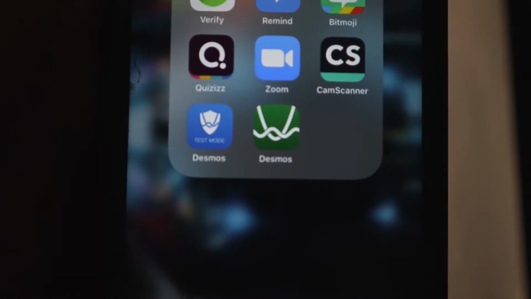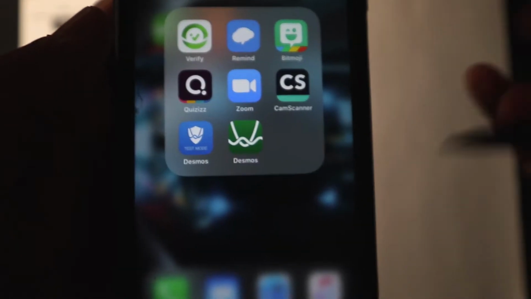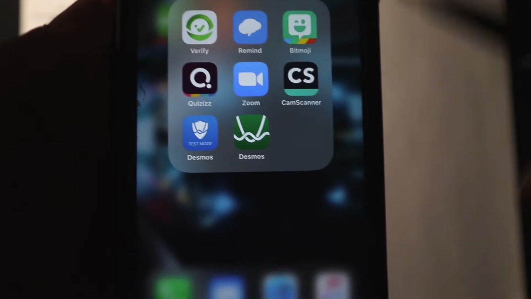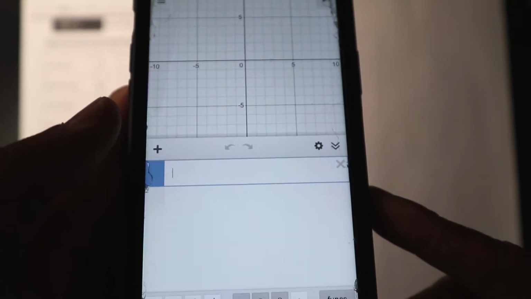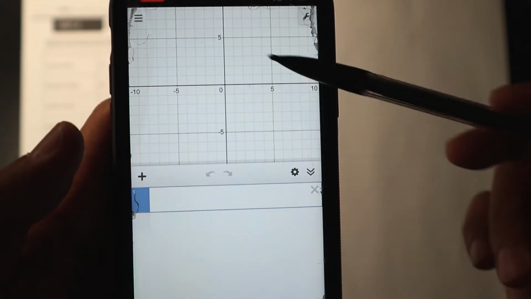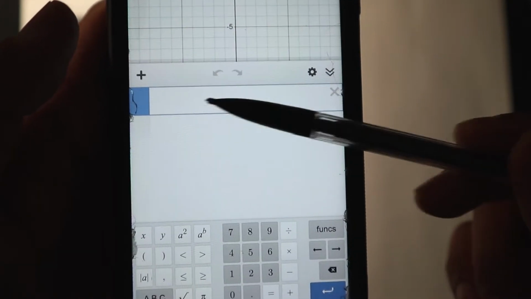And after you finish downloading these two apps, for our homework today you're going to use the regular Desmos, which is in the green icon. So I want you to tap on that, and once you did that, you will see there is a graphing calculator. There's a grid, an XY plane on the top, and there's some space, kind of like a display screen.